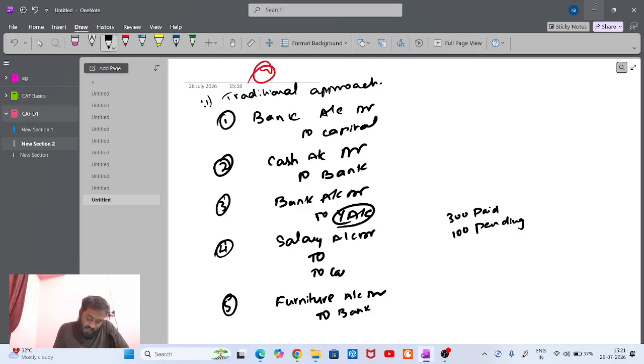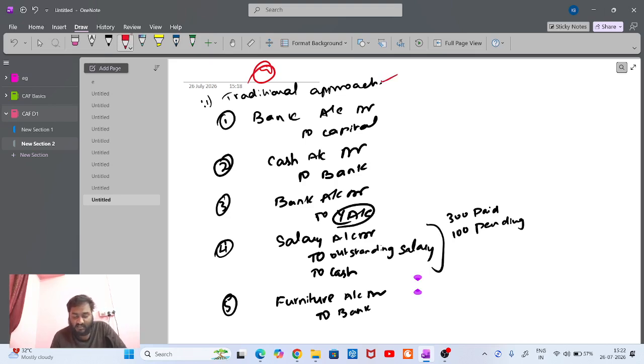What is outstanding salary? Outstanding salary is salary which we are liable to pay but have not paid yet. Okay, this is the journaling.